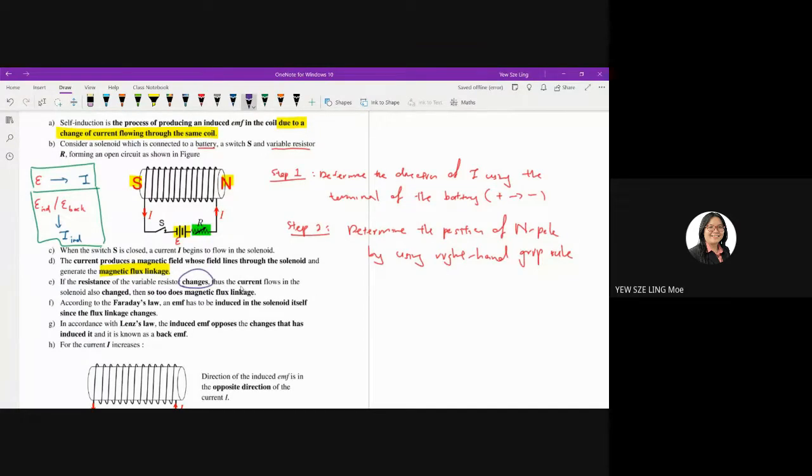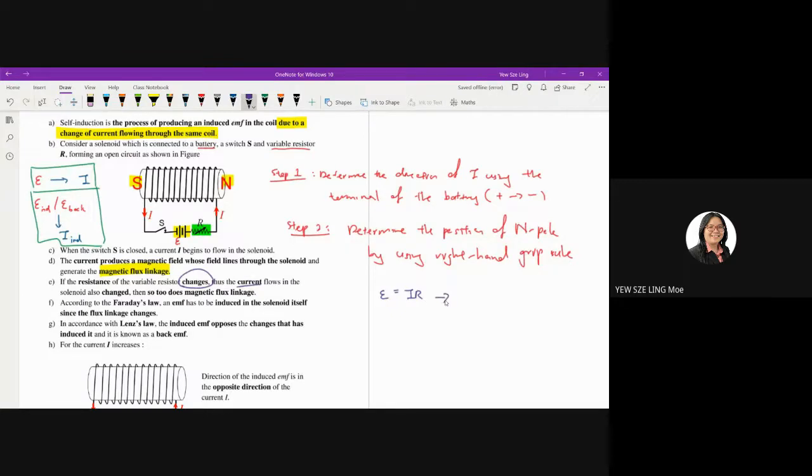It will change the value of current. Why? Because we have the equation V equals IR. In this case, EMF equals IR, where the EMF is coming from your battery, your power supply, your source. The battery comes with a fixed potential difference, a fixed EMF value.